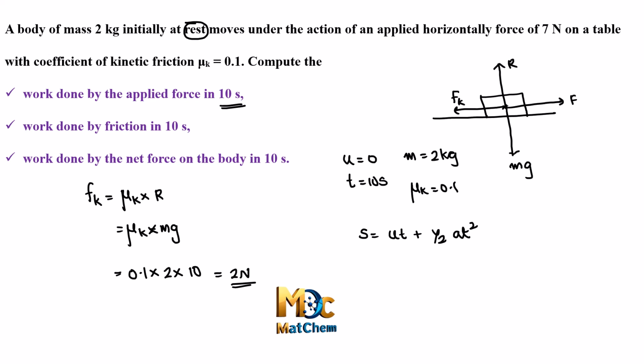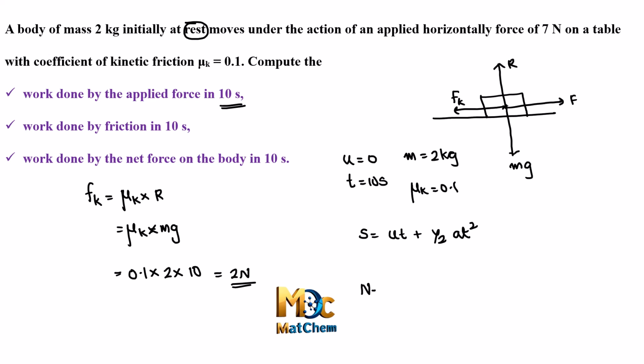So the frictional force is 2 Newton. The frictional force will be acting opposite to the applied force, because whenever you apply the force, the displacement takes place in that direction, and the friction acts in the opposite direction.